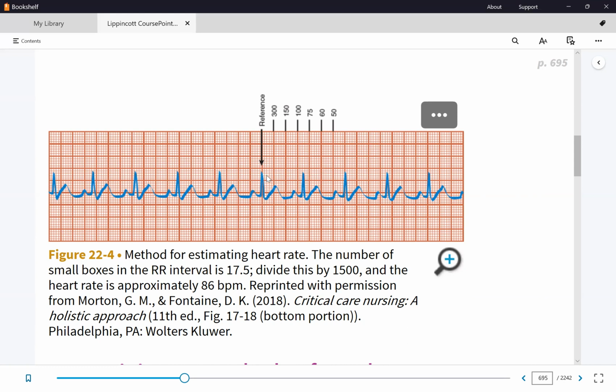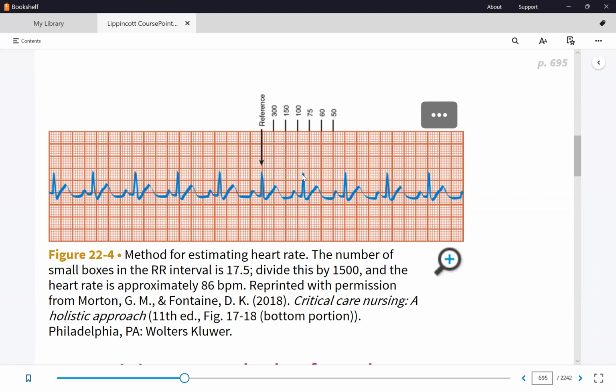So in a straight line, the fastest way would be 5, 10, 15, 17 and a half. It's not really 17 because it's in the middle between 17 and 18.